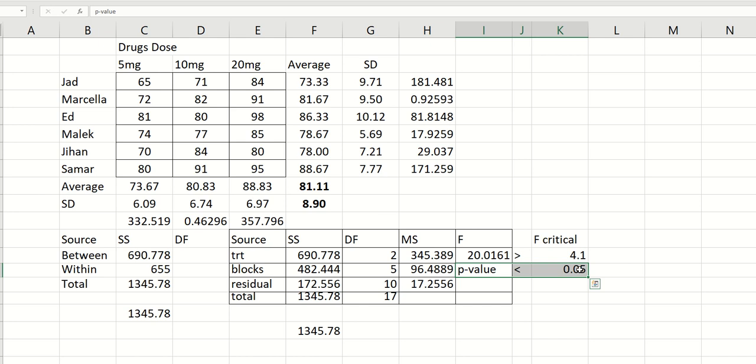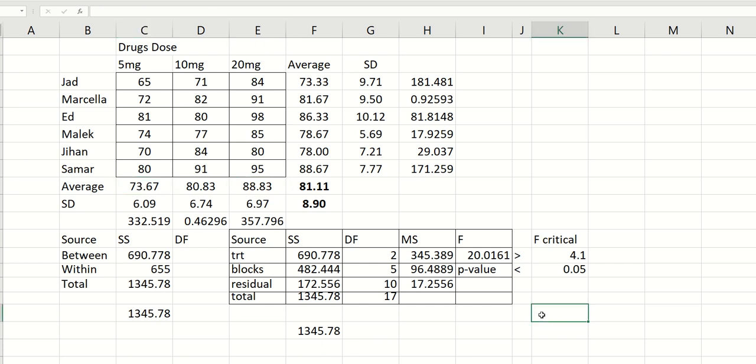And step number 7, we're going to conclude that there's evidence suggesting that there's differences between the fasting blood sugar at 5 milligram, 10 milligram, and 20 milligram. Since 5 milligram is producing the lowest average and 20 milligram is producing the highest average, you can add to your conclusion that this is lower than that.